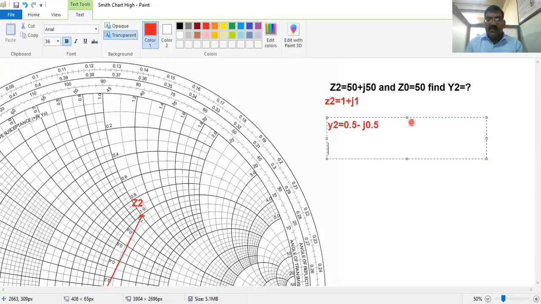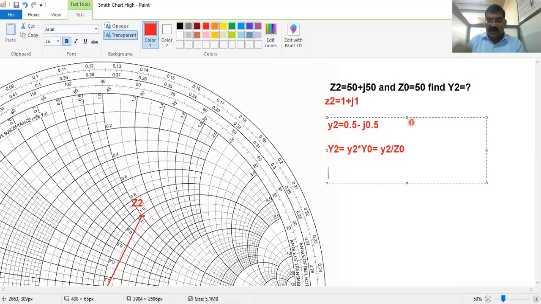Now this Y2 is small y2, I have to go for the capital Y2. That is the denormalization process. So what I have to do? Small y2 divided by y0. Okay, do this step, otherwise multiplication and division will get confused. So I can say that y2 divided by capital Z0.